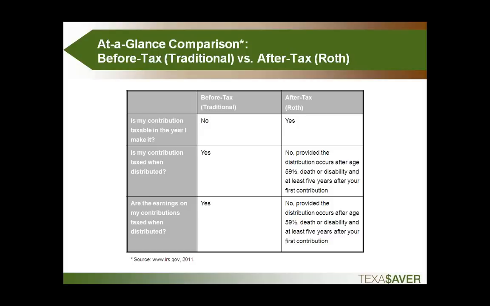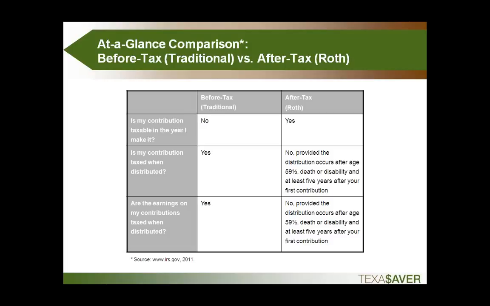Next question in the center of the screen is, is my contribution taxed when distributed? For before-tax contributions, the answer is yes. For after-tax Roth contributions, the answer is no. But what about the earnings on your contributions? Are they taxed when distributed? For before-tax traditional accounts, the answer is yes.